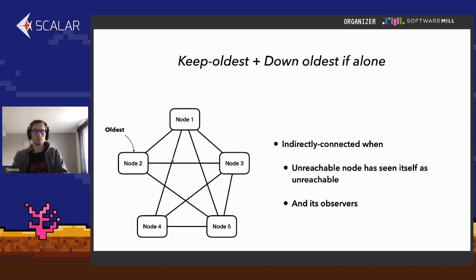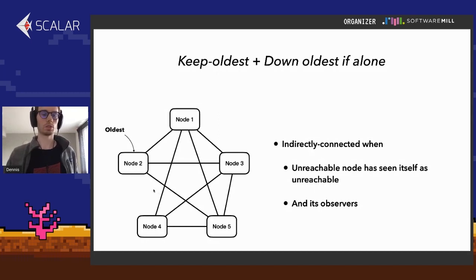We say nodes are indirectly connected when a node has seen its own unreachability detection. You can see that because when the detection is gossiped out, you can see who has seen it. And so from that, you can infer if a node is indirectly connected.